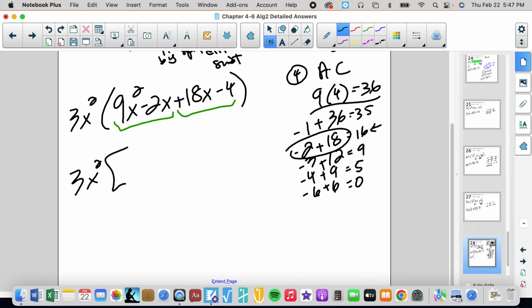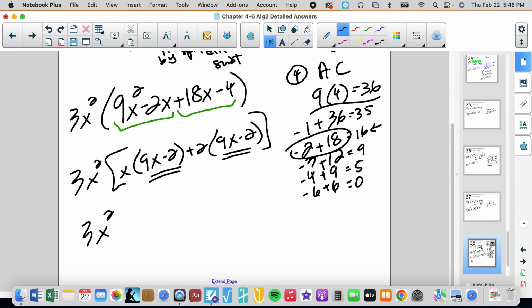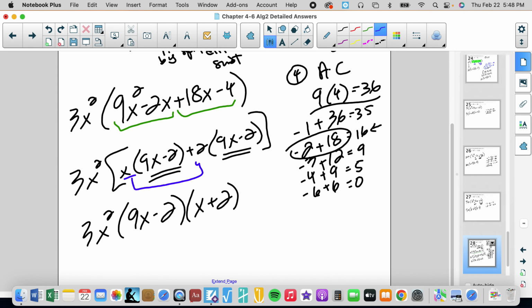So 9x squared, we can just take out an x. You get 9x minus 2. 18x minus 4, we can take out a 2. That gives us 9x minus 2. Those were the same, so we knew we did it right. 3x squared, we're going to pull out that 9x minus 2, and we're left with x plus 2. There's our x plus 2.